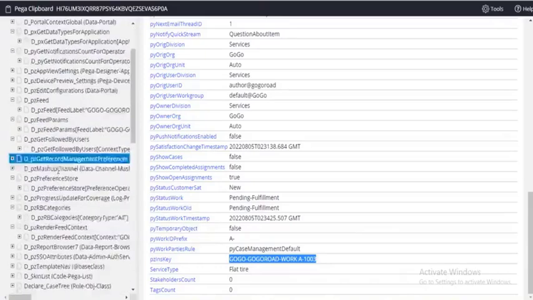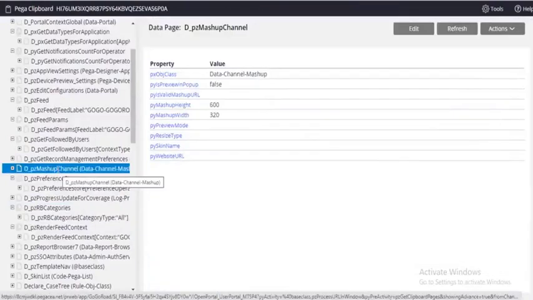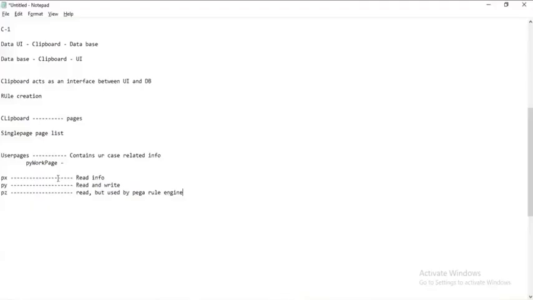We will not use these much in Pega DNS for the Mashup channel. Whenever it starts with PZ, you have to think that these properties are used by the Pega system. Okay, till now is it clear? Yes.